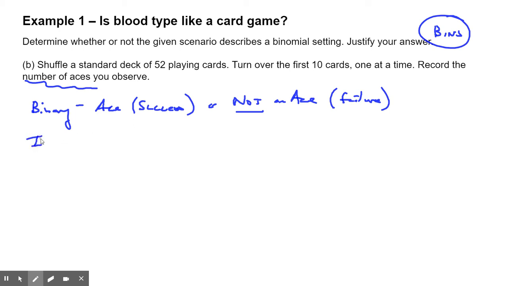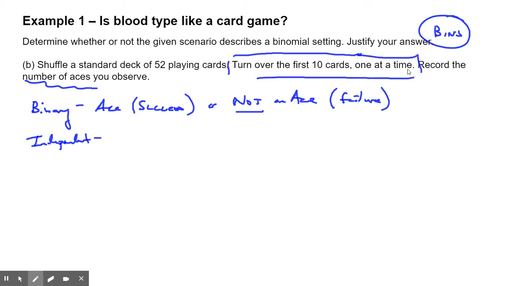Next is independent. It says we're going to turn over the first 10 cards one at a time. So say we take the first card. What is the probability of getting an ace on the first card? Well, the probability would be 4 out of 52, because there are 4 aces out of 52 cards.